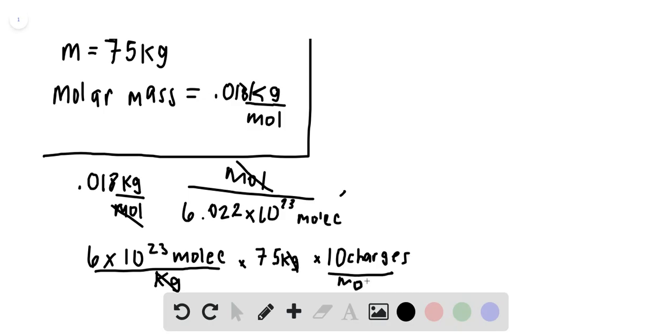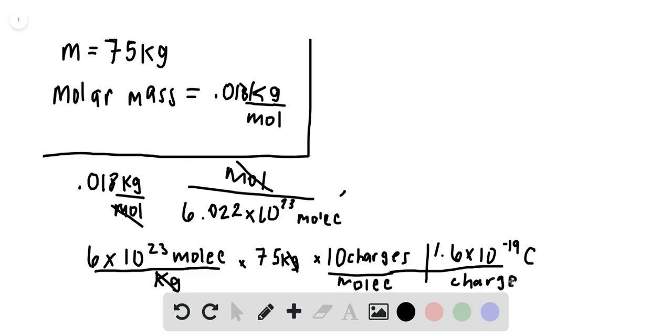And then you have to ask how many coulombs there are in 1 charge, and so the elementary unit of charge is 1.6 times 10 to the minus 19 coulombs per charge.